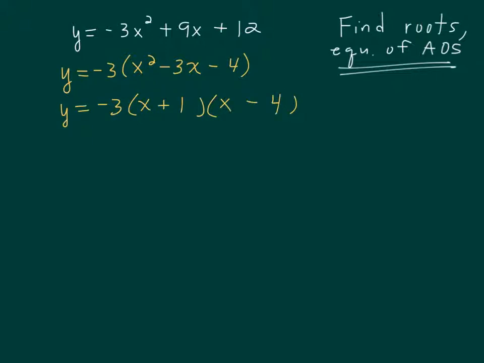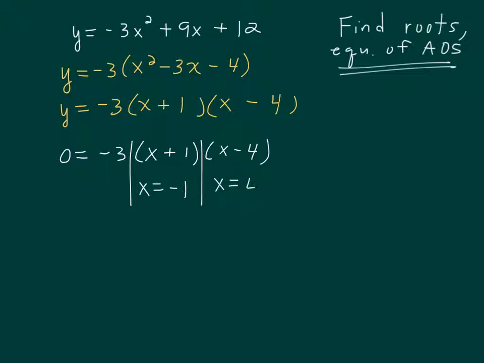Okay, so notice now it is in what we call factored form. So if we are going to find our roots, we know we're going to make y 0. And then we're going to set our factors equal to 0 and solve. Now when we do that, this will give us negative 1, and this piece will give us positive 4.